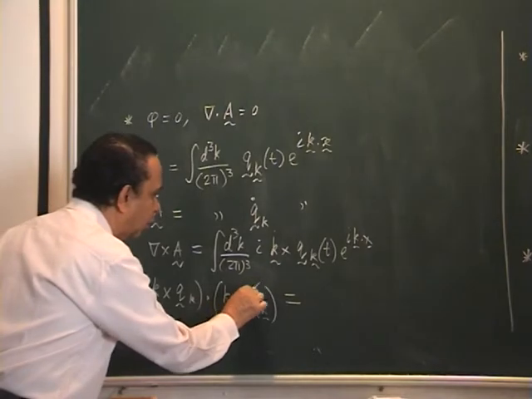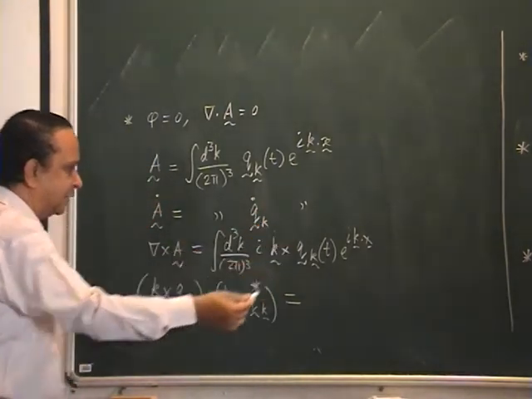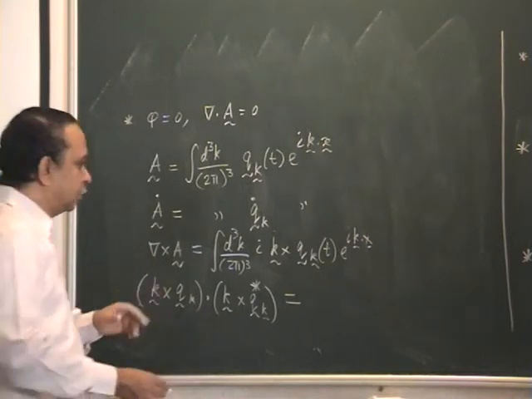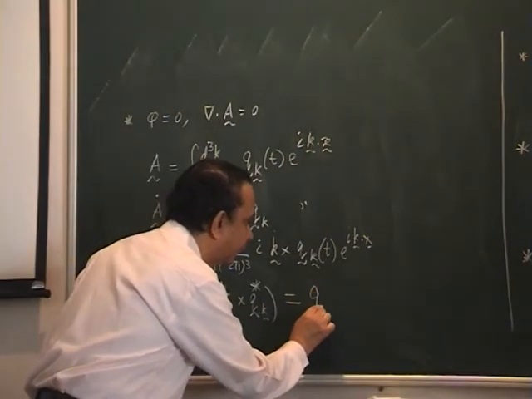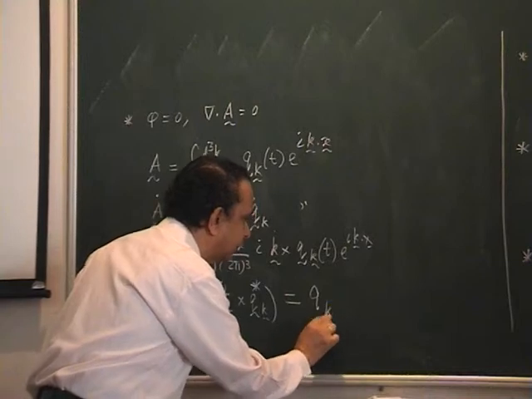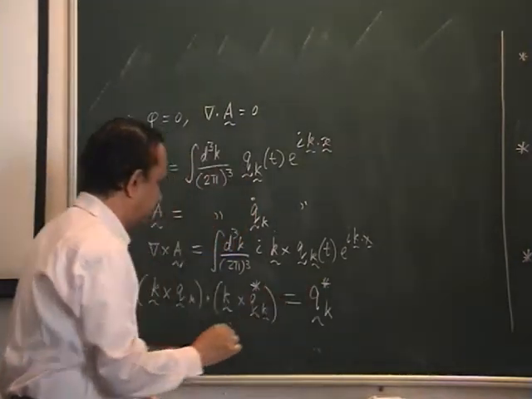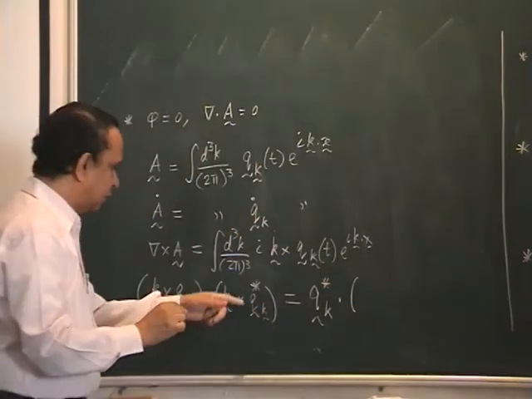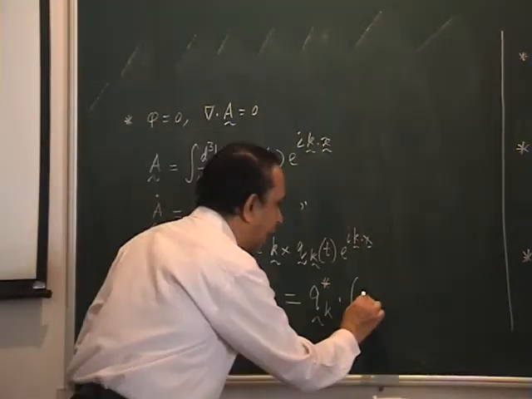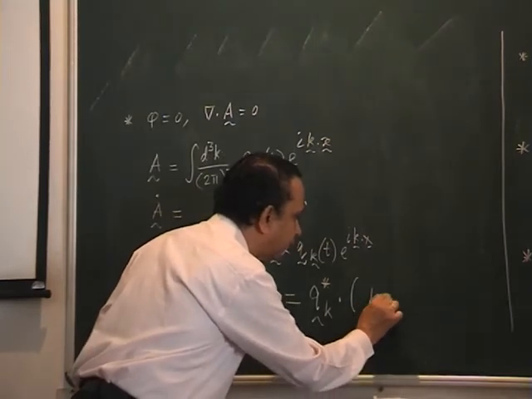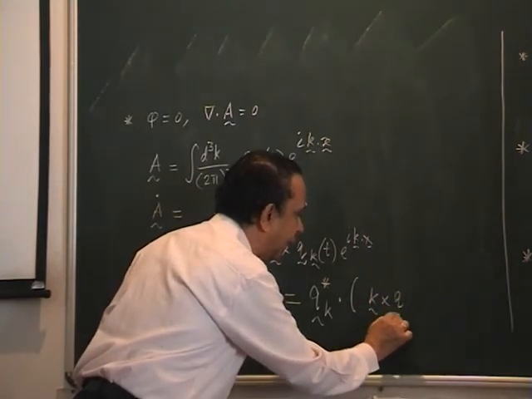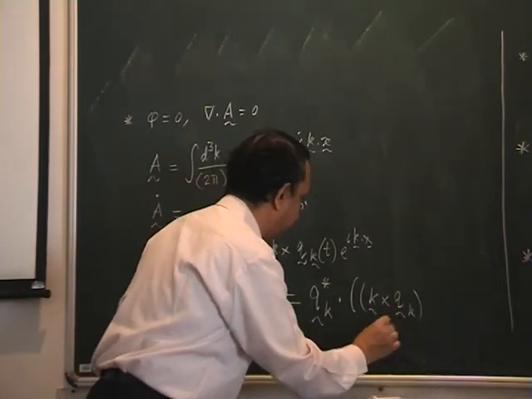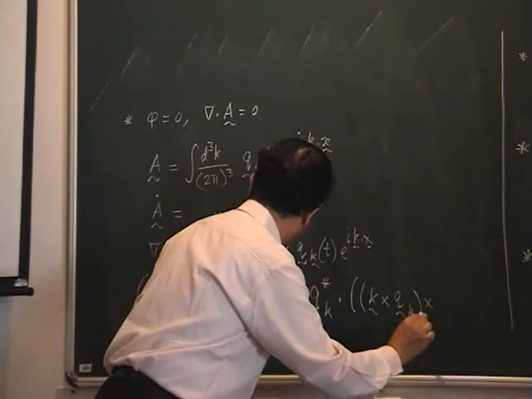Let us take one term as real and the other term as star in order to get this curl of A in the proper form. So you will get q_k vector star dot, and I am just rotating it cyclically, k cross q_k cross k.